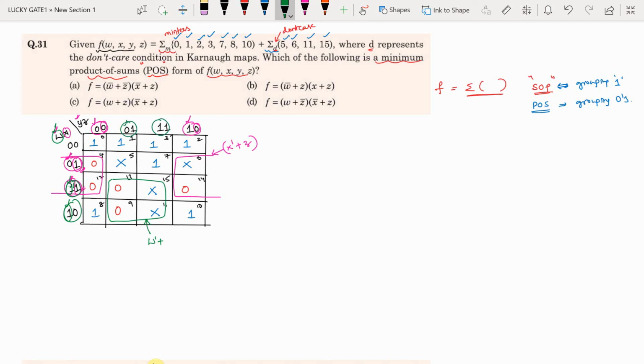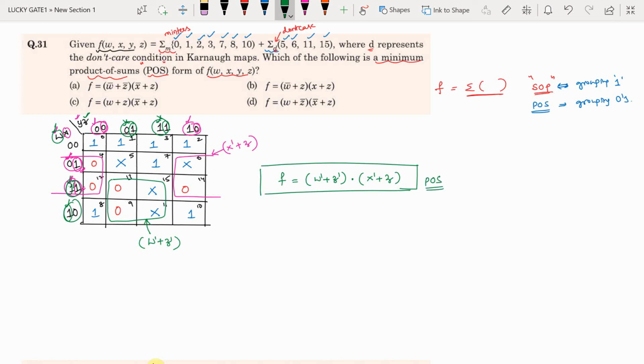In these two columns, the first variable differs, so it is eliminated, and the second variable is the same, that is 1 1. What is the second variable? Z. Because Z is 1, it is represented in complemented form. Now this quad is representing a sum term, W dash plus Z dash. Now what is F representing? F is W dash plus Z dash, into, meaning it is a product, X dash plus Z.